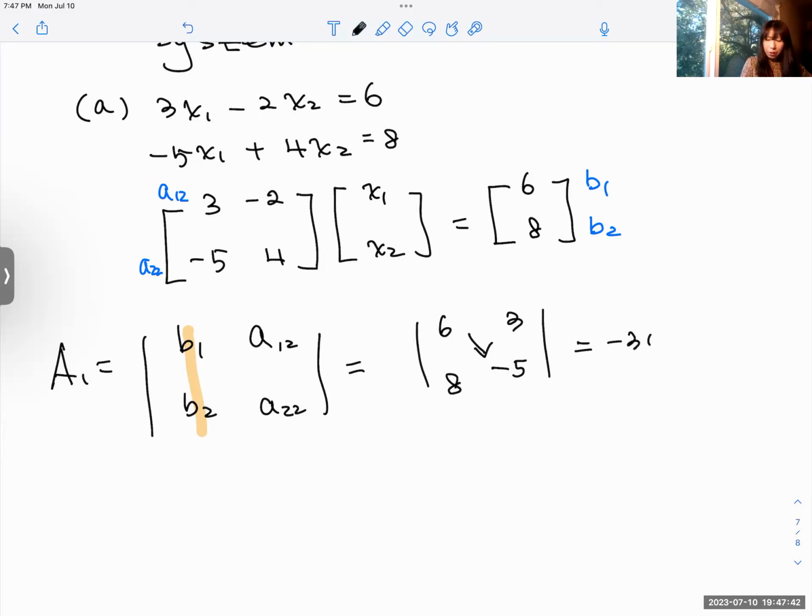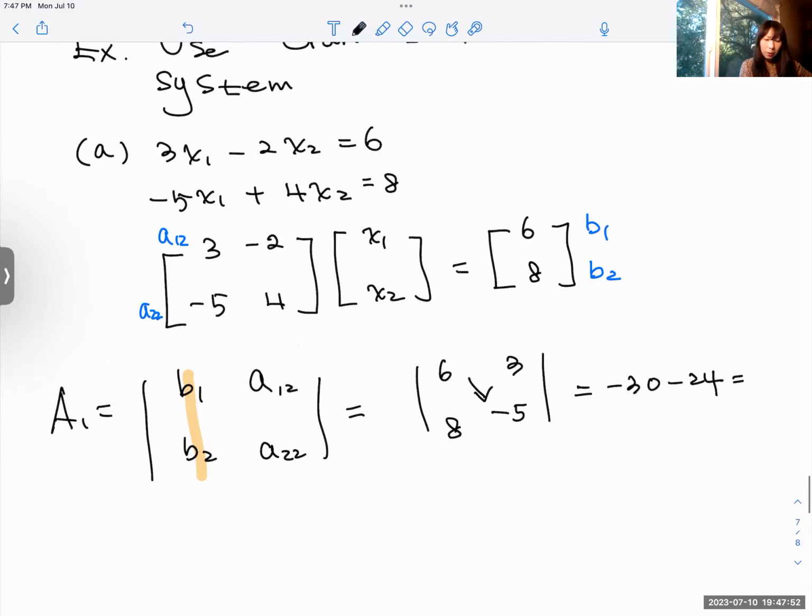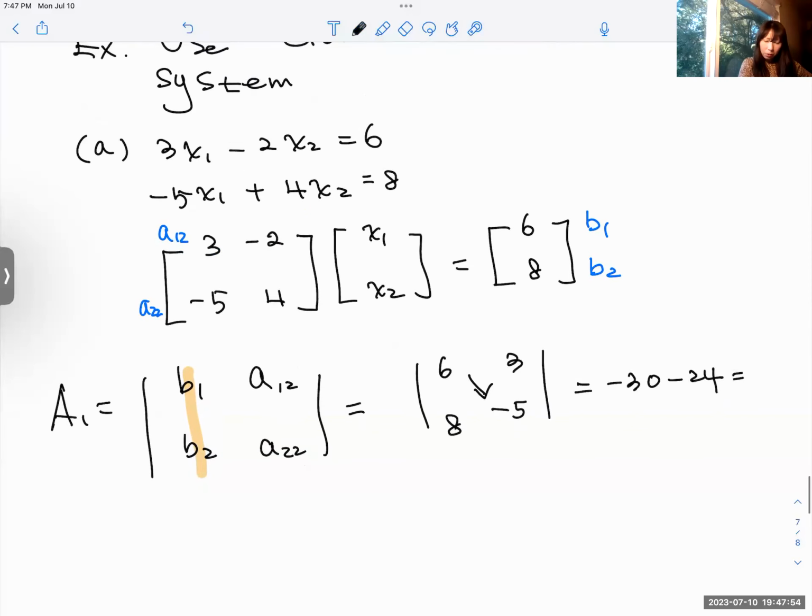So negative 30 minus 24, what do we get? Negative 54. Hold on one second, I made a copy mistake.